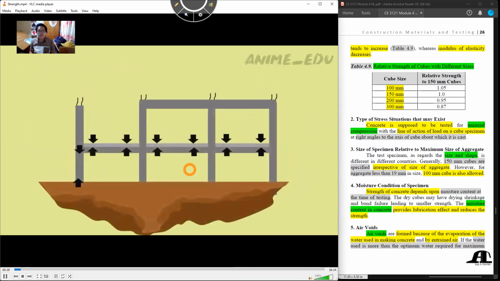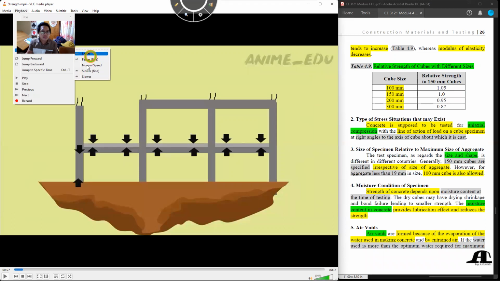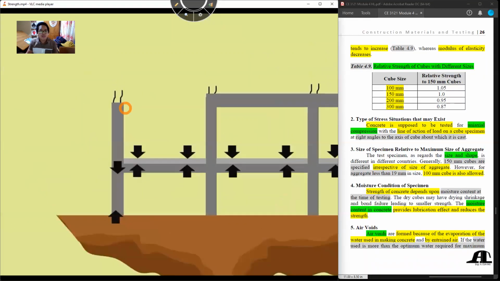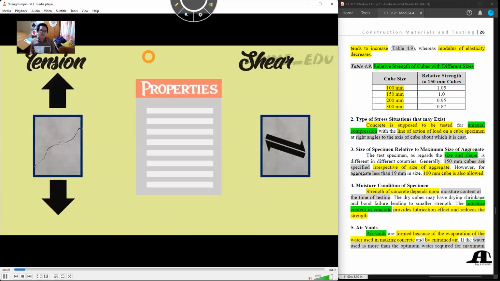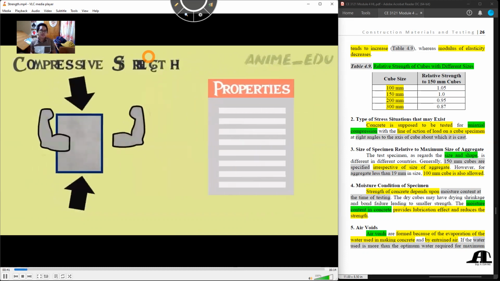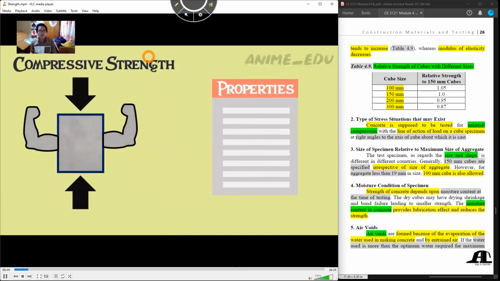In most of the structural applications, concrete is employed primarily to resist compressive stresses. In the cases of concrete in tension or shear, the compressive strength is frequently used to measure these properties. Thus, we can say that the compressive strength of concrete is used as a qualitative measure for the various properties of hardened concrete.